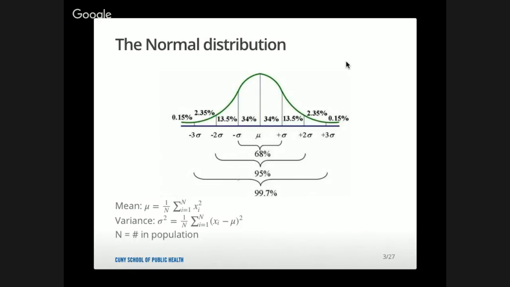And when we're talking about a population, we'll use Greek letters, mu and sigma. When we use samples, we're going to use Roman letters instead. The mean for any symmetric distribution, including the normal distribution, is at the center.